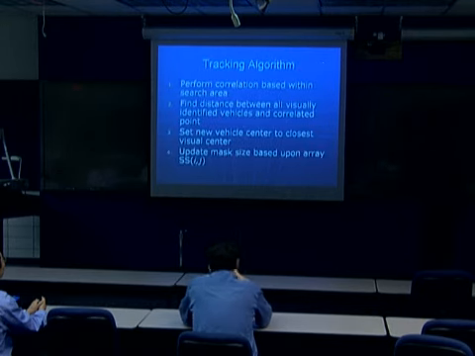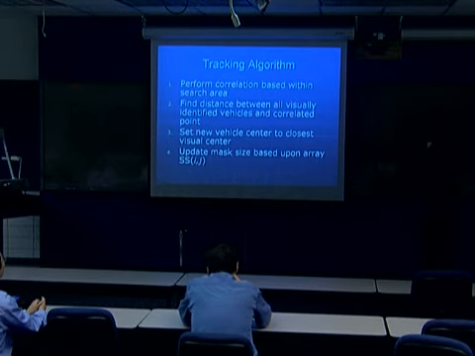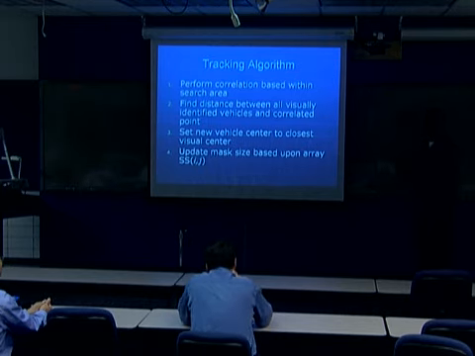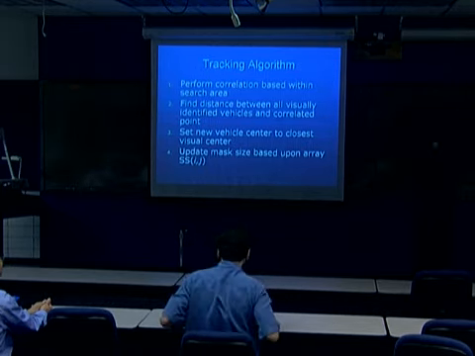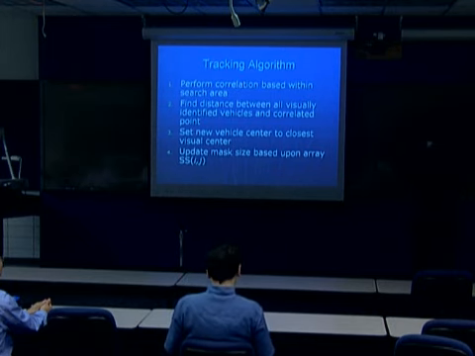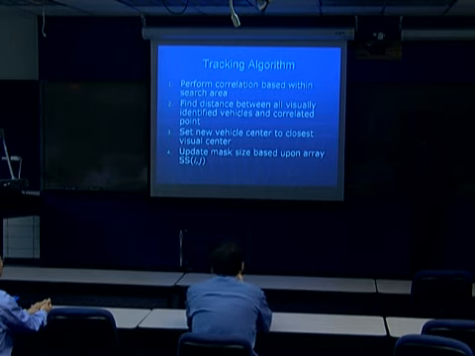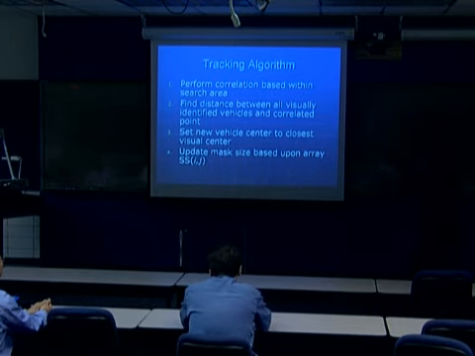The searching method takes the mask and creates a window around the spot where the vehicle is located, and we correlate that mask around the next image. So we take that mask and we correlate it across the image and try to locate the vehicle on the next image.